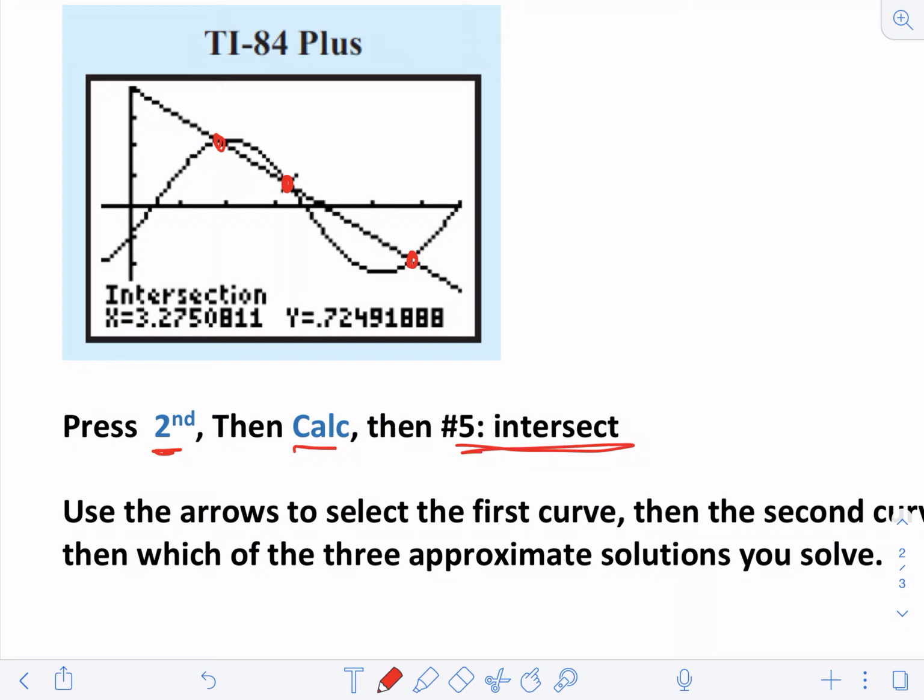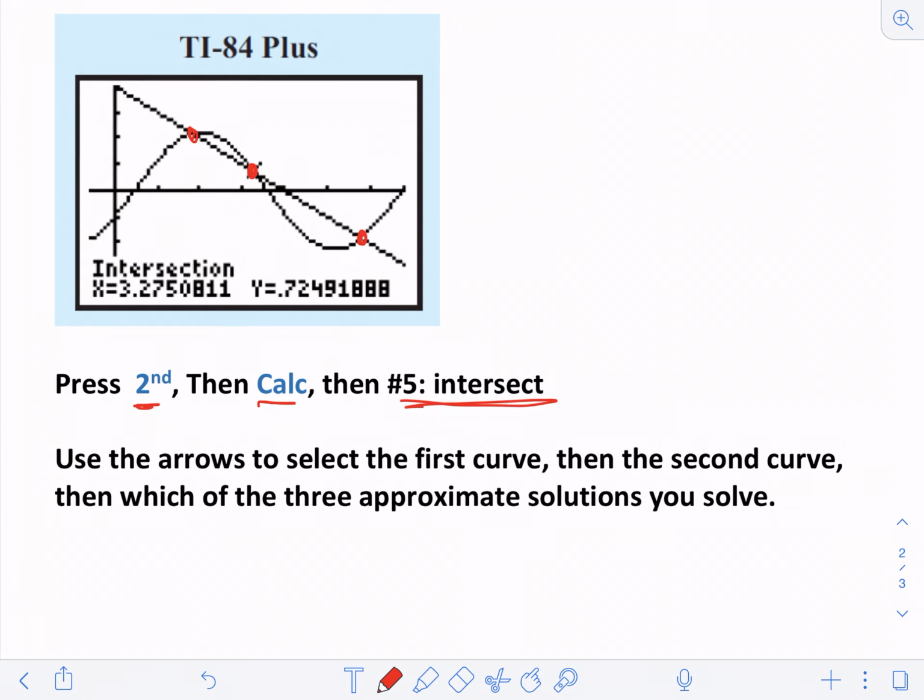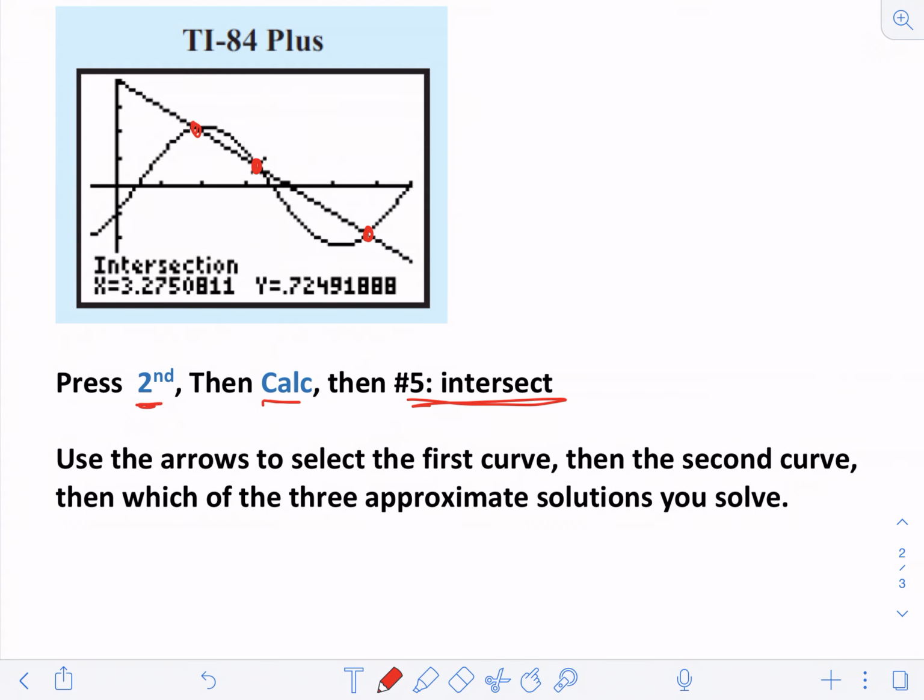When you do that, you are going to be back on the graphs, and it's going to say first curve. Just go ahead and press enter because that's the first curve of y1. Then it's going to say second curve, and it should say y2 equals 4 minus x. Press enter again, and then it says guess.